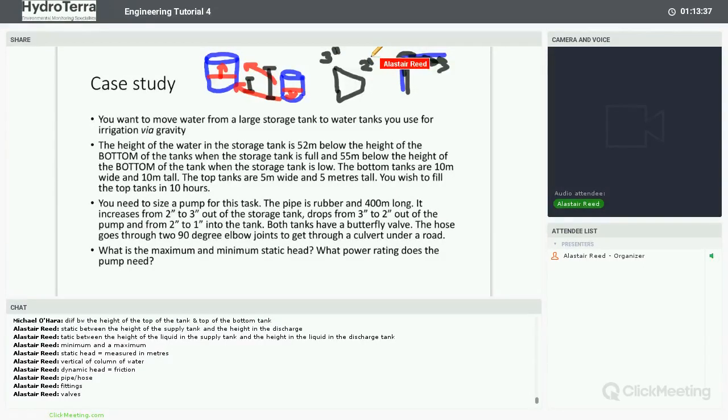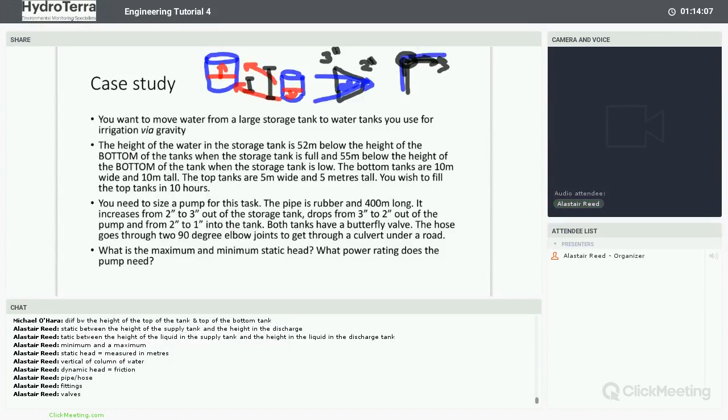The fitting is what we connect two hoses together. And let's imagine we're connecting a hose with a diameter of 3 inches to a hose with a diameter of 2 inches. Having to force liquid down into this narrower gap causes all sorts of turbulence, and that slows it down. That causes friction. This all adds to what we call the dynamic head.